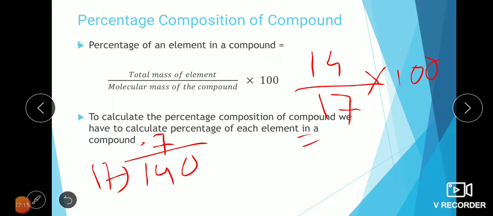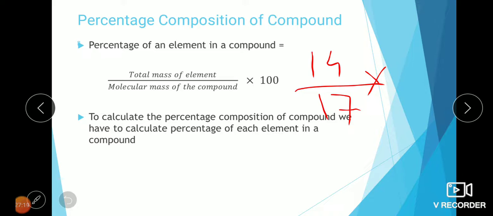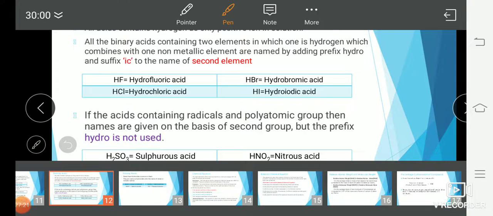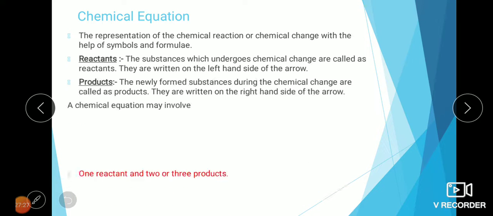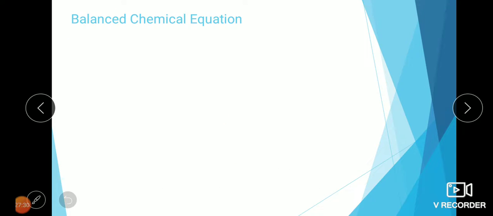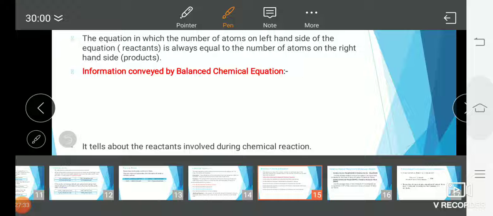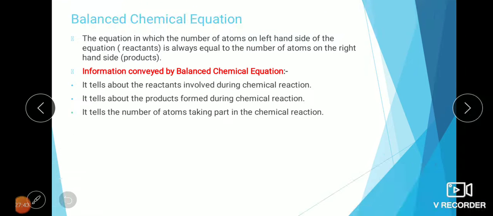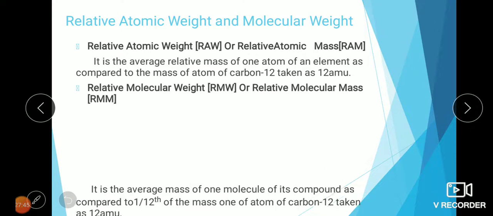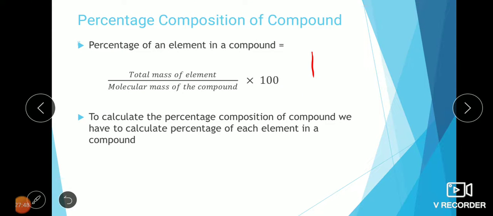Now calculate the percentage of hydrogen in ammonia. What will you do? You will do the same thing again. You will write down the percentage of hydrogen as total mass of hydrogen, 1 upon 17, into 100.